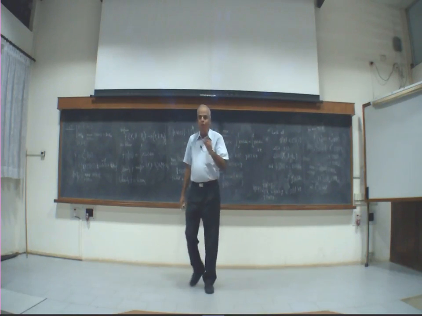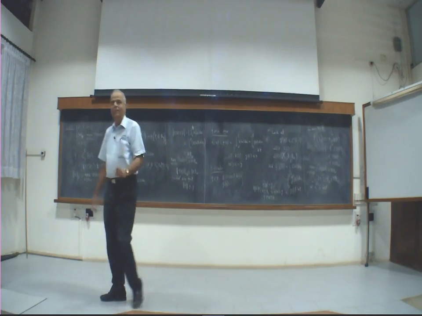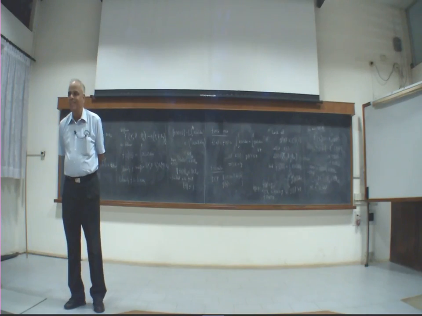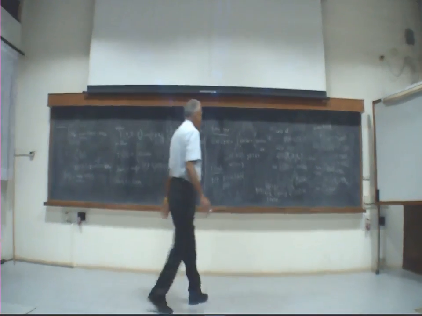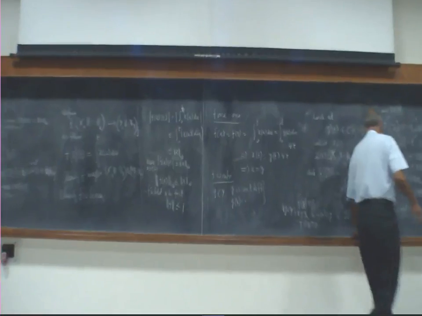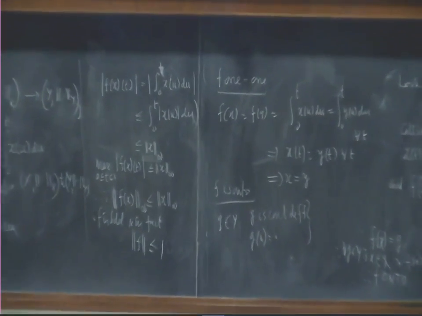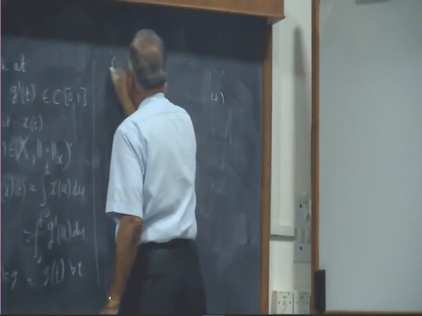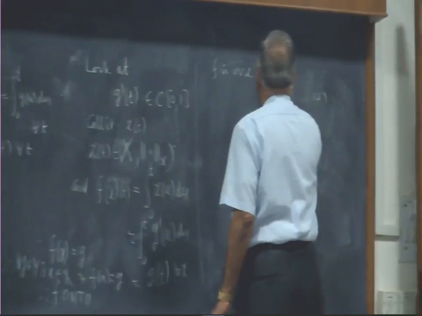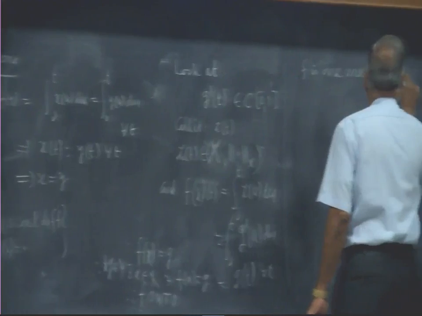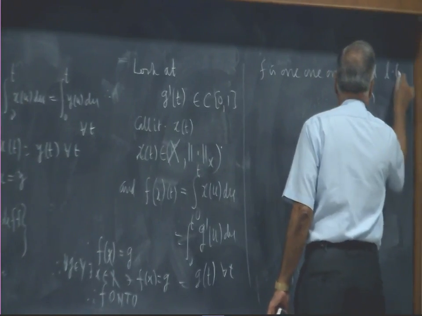So now I have a one-one onto linear transformation. Let me quickly sum it up. F is a one-one onto bounded linear transformation.